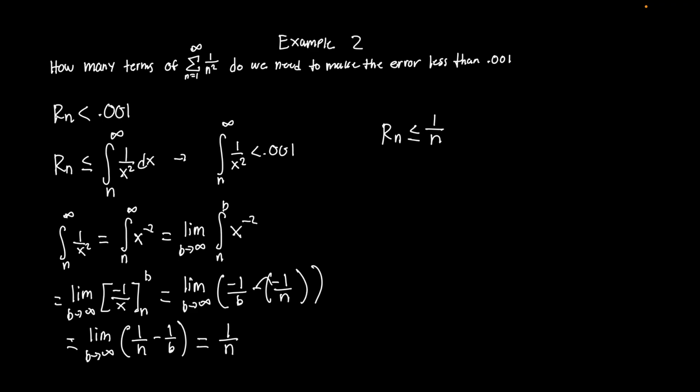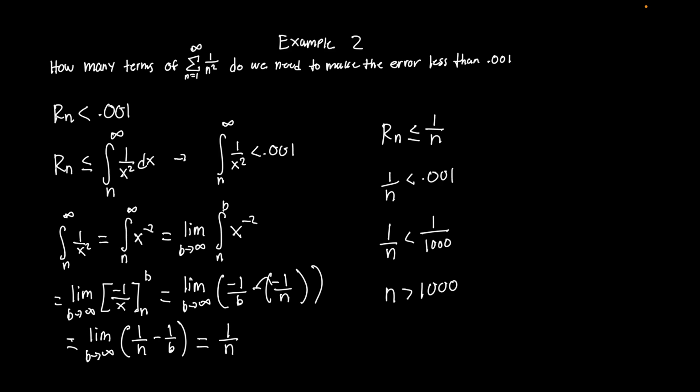Now we can just replace that with the 0.001, so it's going to be 1 over n less than 0.001. 0.001 can also be rewritten as 1 over 1,000. So cross multiply, you have to flip the sign, so it's n is greater than 1,000, right?